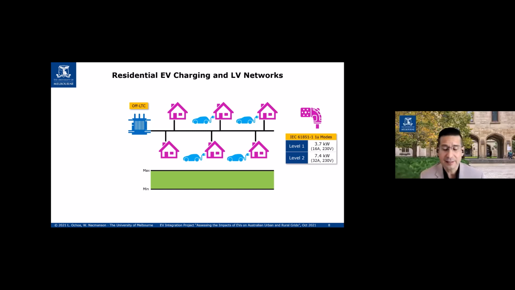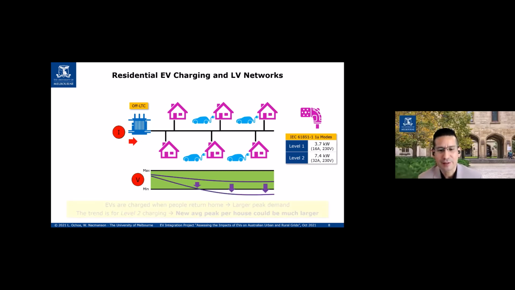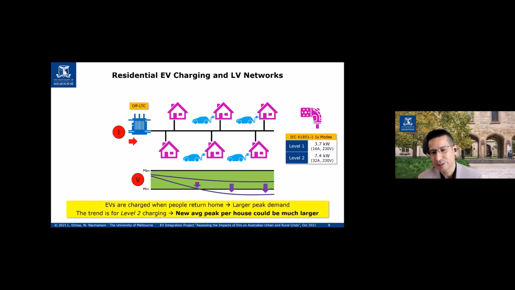And the reality is that around the world, the adoption of chargers will go towards level 2, which is around 7 kilowatts, if you are looking at voltage levels like in Australia, 230 volts line to neutral. Now, what is the problem? Well, if we have many electric vehicles, we're going to have an effect on our voltages, and the corresponding currents are going to be bigger, and they can actually be much bigger than the corresponding assets were designed for.